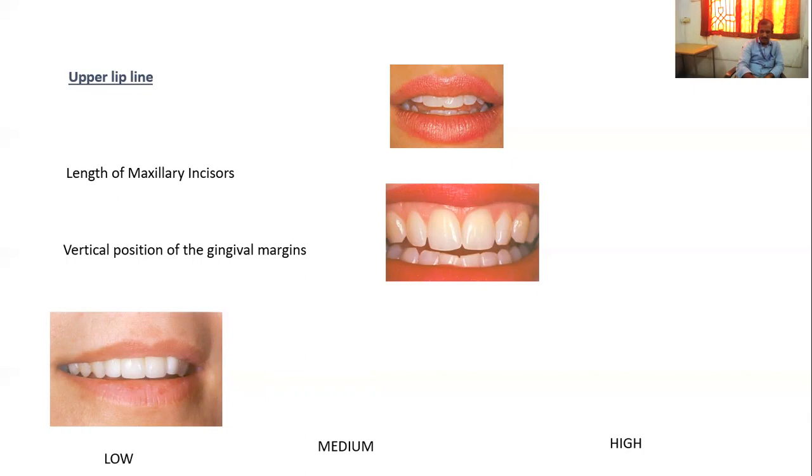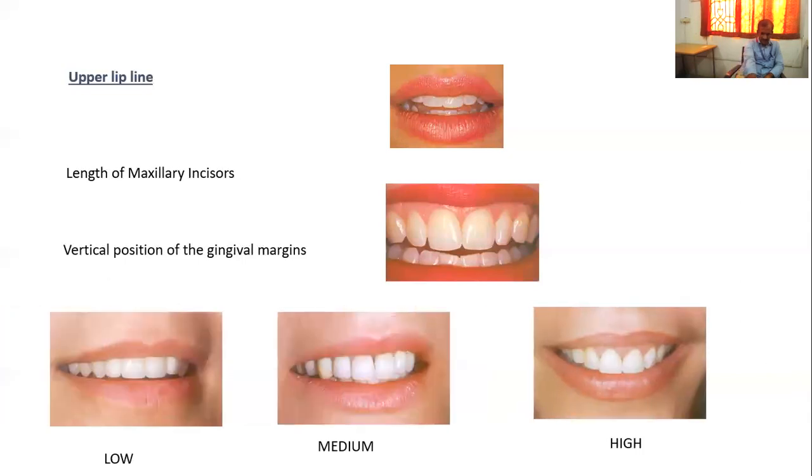The other clinically interesting thing is when you closely watch all patients. For some patients, the gums will be visible. To a certain extent, your gums can be visible when you're smiling.